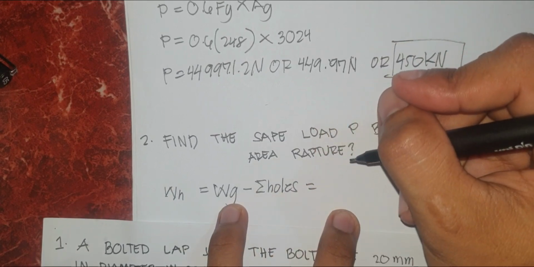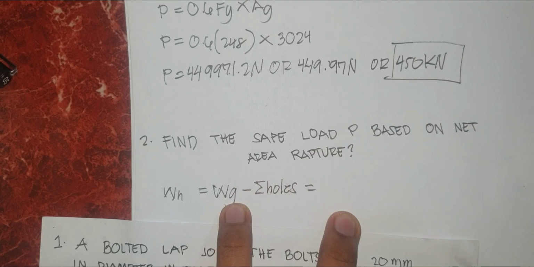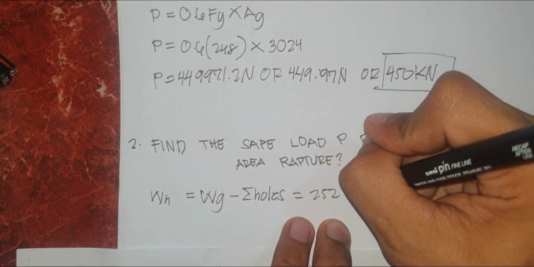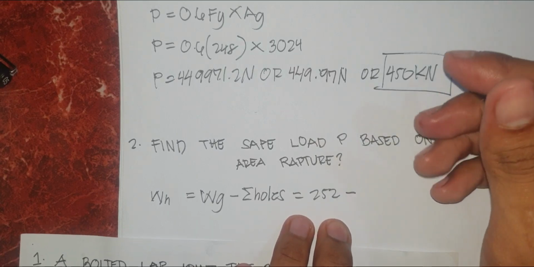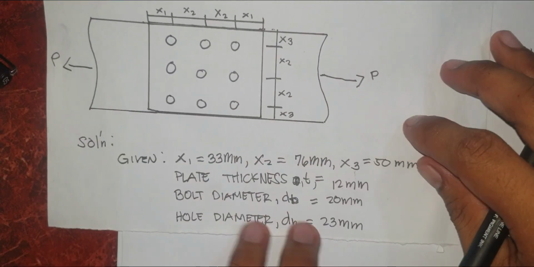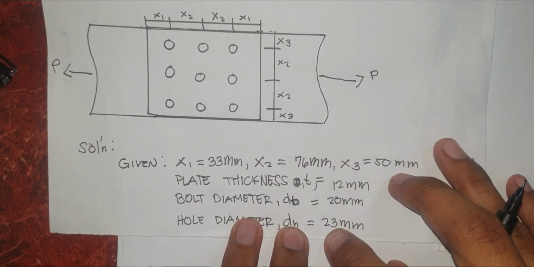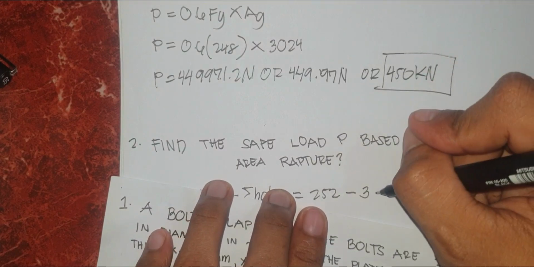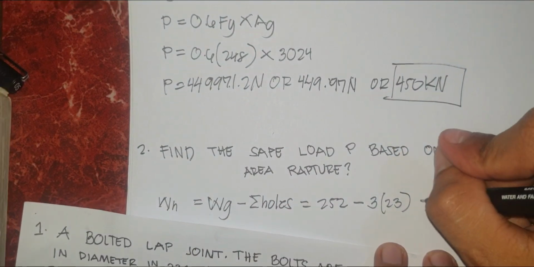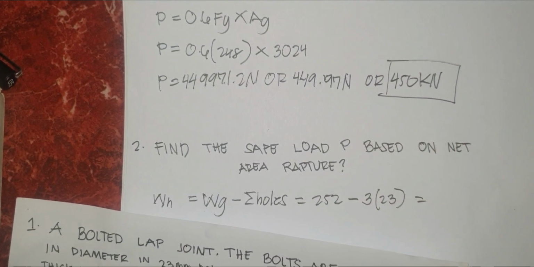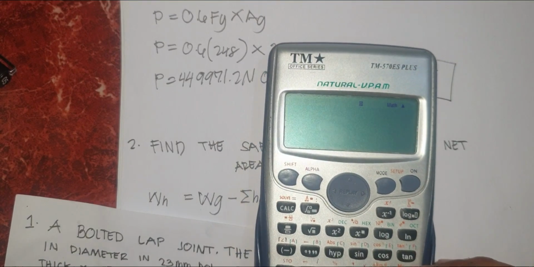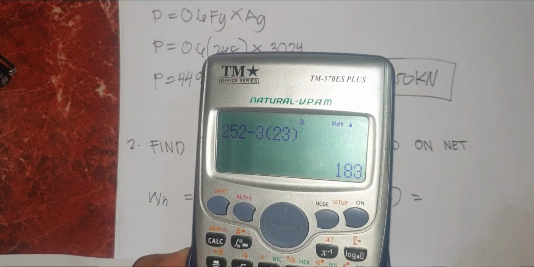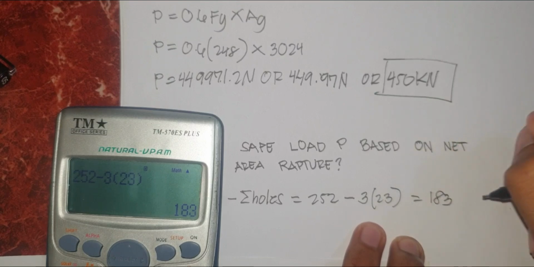We know that WG, the gross width, is 252, minus 3 holes times 23, so 252 minus 69 equals 183 mm.